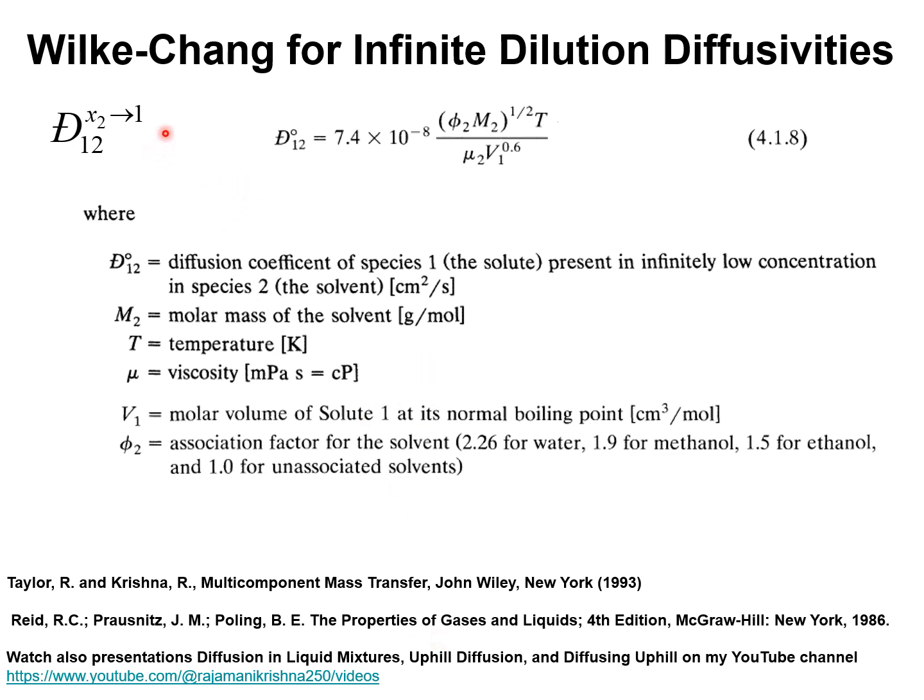So if we switch the subscripts around, we can determine the Maxwell-Stefan diffusivity for species 2, that is dilute in the presence of a large amount of species 1, where all you have to do is use the subscript 2 in place of subscript 1 and vice versa.